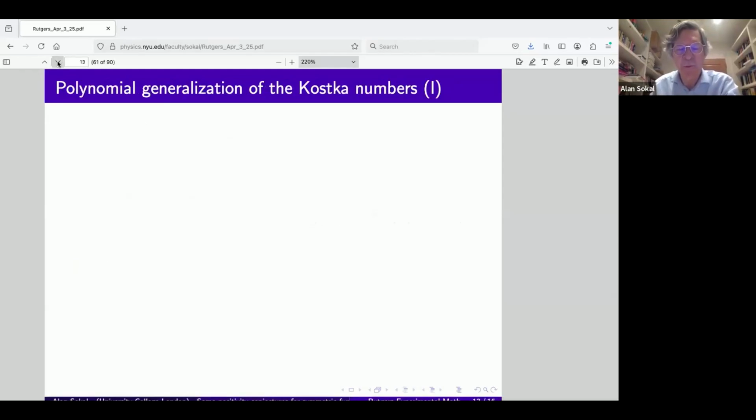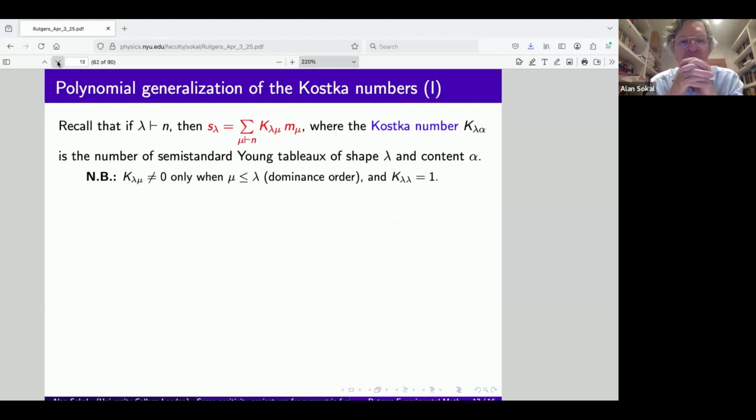So let me make that more precise, because what we're actually defining is a polynomial generalization of the Kostka numbers. So recall that if lambda is a partition of n, so I have a Schur function S_lambda, then I can write that as a linear combination of monomial symmetric functions, and the coefficients K_lambda,mu are called the Kostka numbers, and they are non-negative integers that have a combinatorial interpretation, namely it's the number of semi-standard Young tableaux of shape lambda and content mu.